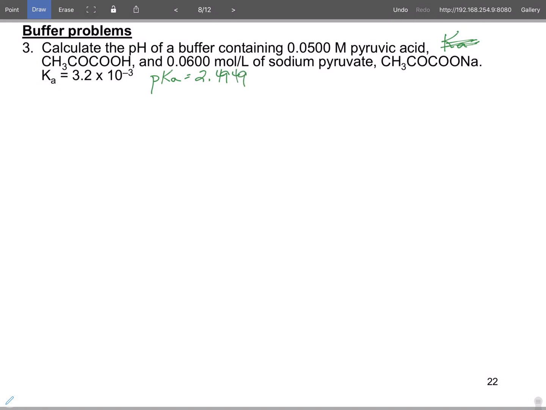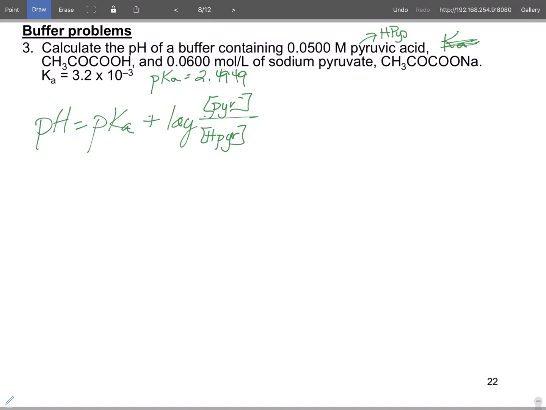Okay, and again, it's a Henderson-Hasselbalch equation: pH is equal to pKa plus the log, in this case, of pyruvic ion over H pyruvic. So this will be H pyruvic, and this is PYR minus. And remember, these are strictly the acids and the conjugates.